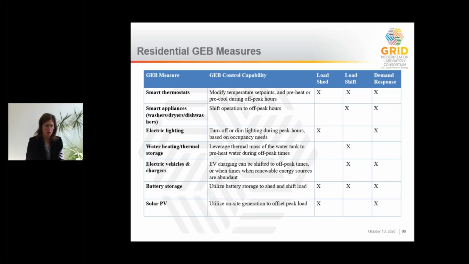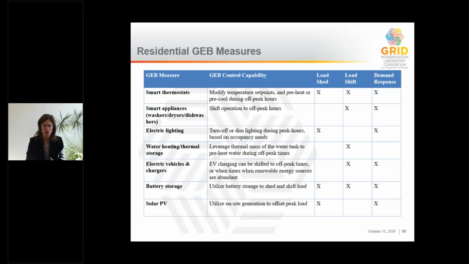But thinking through smart thermostats and how those can be leveraged to modify temperature set points and preheat, pre-cool during off-peak hours. There's smart appliances to shift operation. Electric lighting, of course, can be turned off or dimmed. Water heating and thermal storage can be leveraged to shift heating and cooling loads associated with heating and cooling the house, and then also water heating.